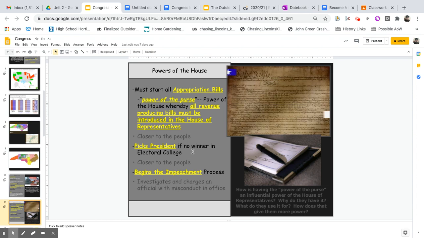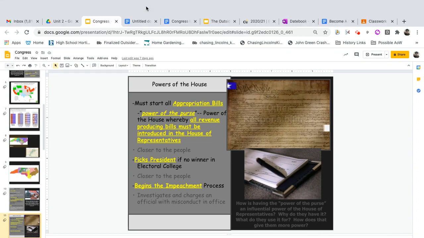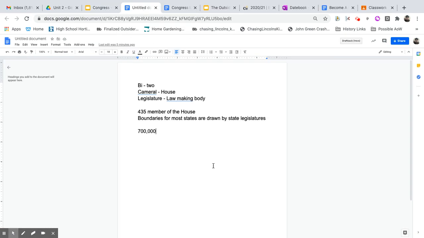Another thing that you might have heard recently in all the coverage is that they pick the winner of the presidency if there's a tie. We're going to talk about this later when we talk about the presidency, but to win the presidency, you have to get 538 electoral votes. So in order to win, you have to have more than half of that. You have to get to 270. However, it's possible for the candidates to tie on 269.